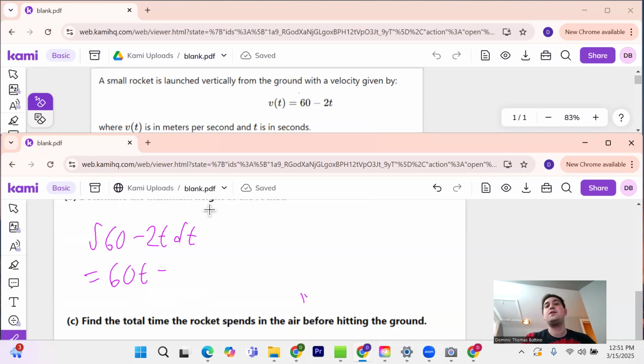The integral of negative 2t is going to give us negative 2t squared, because we want to go to t to the second power, and then we're going to divide that coefficient by the second power, which is 2. 2 divided by 2 gives us 1 as our coefficient. So we have 60t minus t squared, and then we have a plus c.